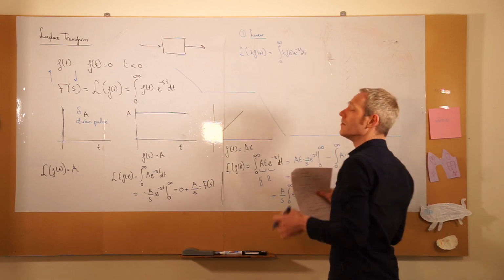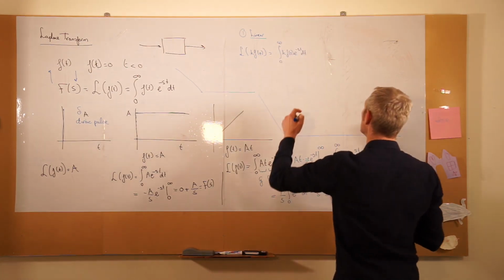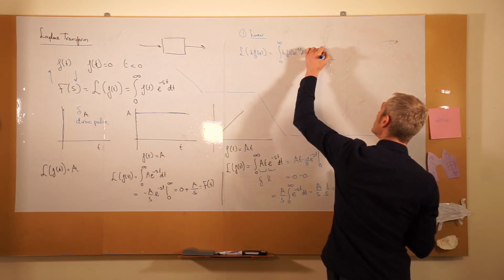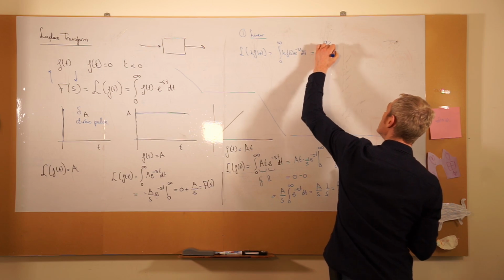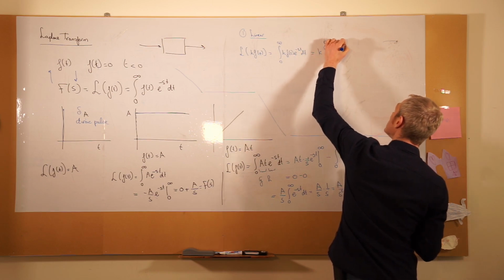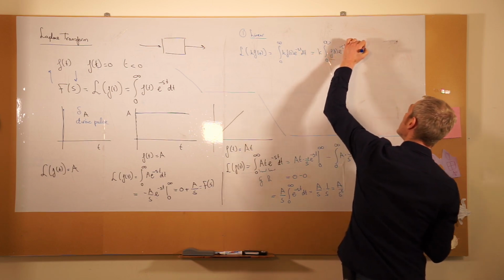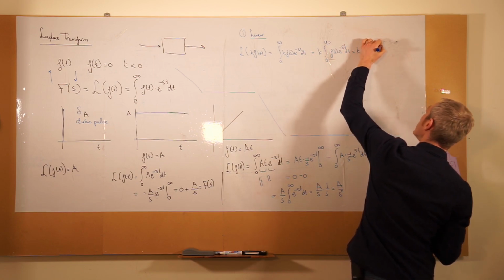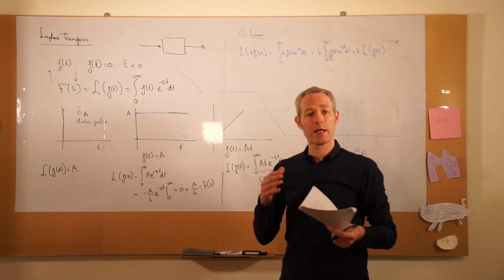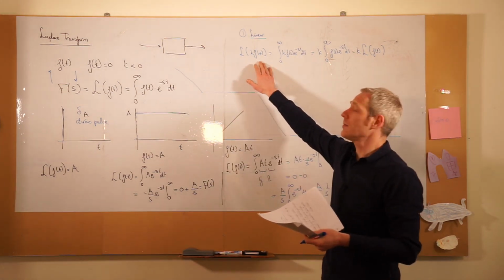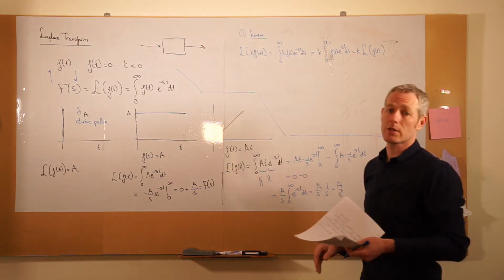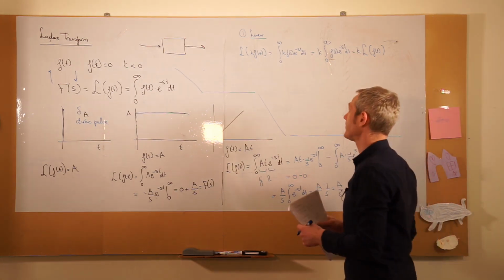I can bring that constant forward in front of the integral, which is k times the integral from 0 to infinity of f(t) e to the power of minus st dt, and that is k times the Laplace transform of f(t). So if I have the Laplace transform of a constant times a function, that is the same as having that constant times the Laplace transform of that function.